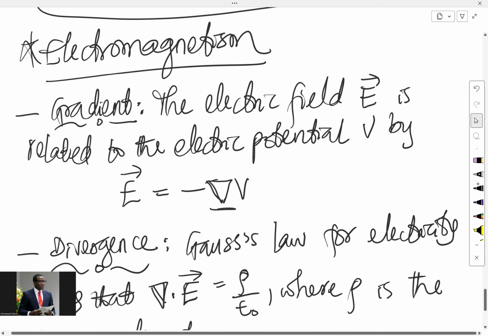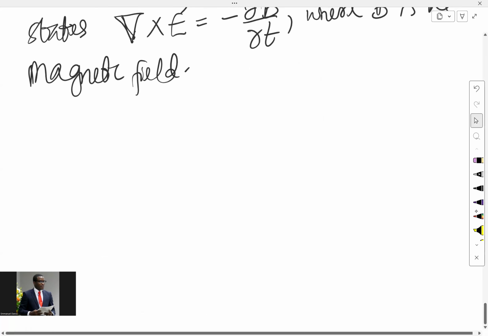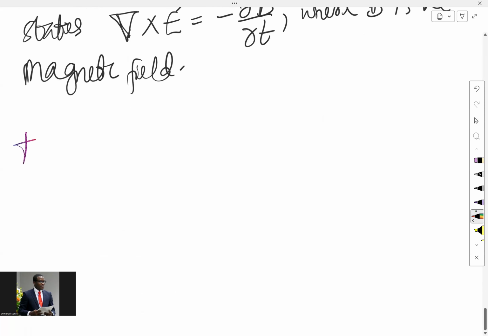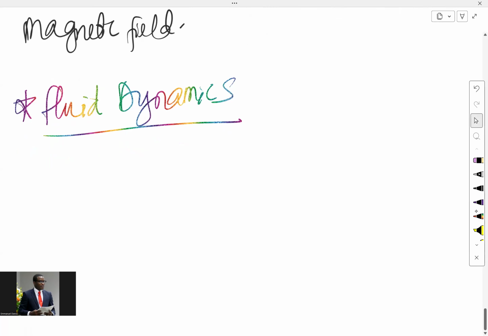So let's move to fluid dynamics. Let's look at the application of partial differentiation of vectors in fluid dynamics. First, in fluid dynamics, these operations describe the behavior of fluid flow, generally speaking.